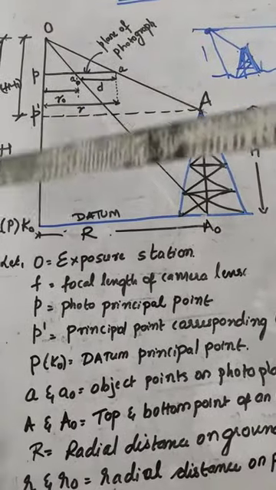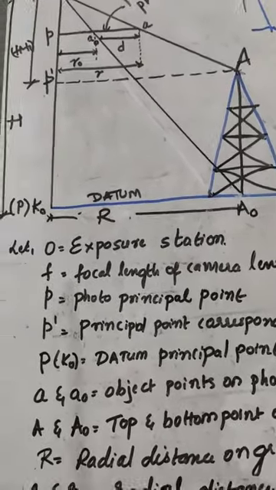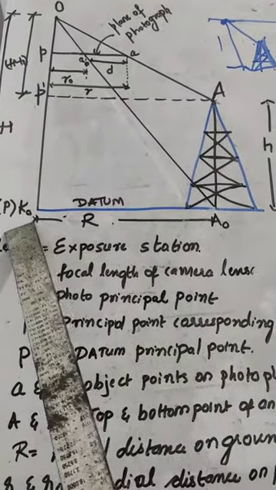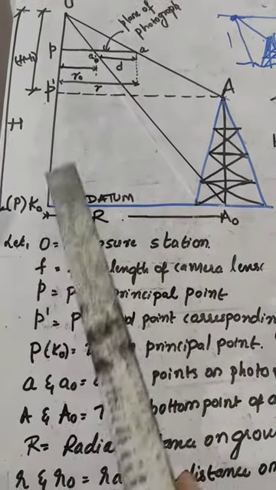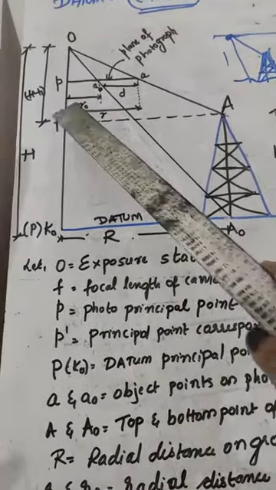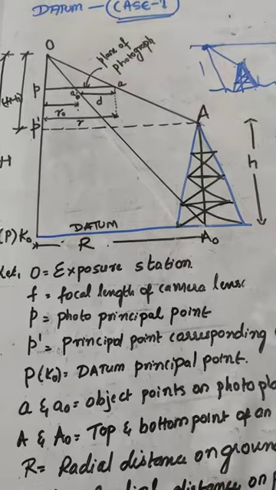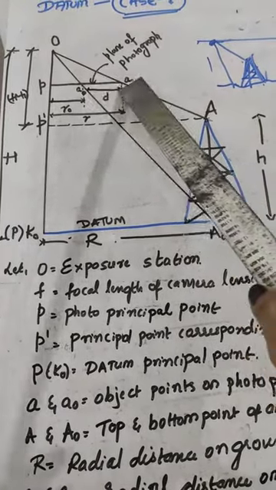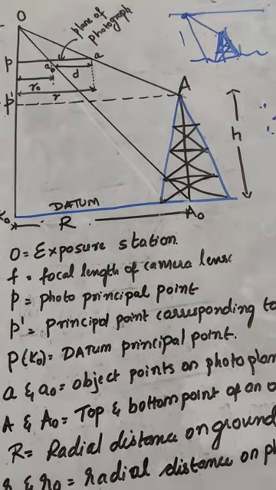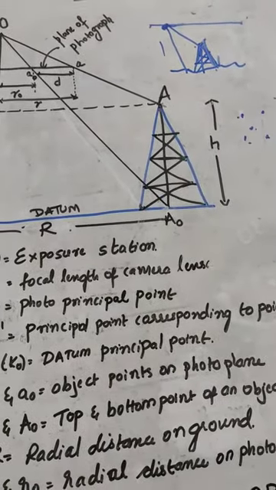This vertical line is the principal axis, where O is the exposure station and P is the principal point of the photo plane, and this is the principal point of the datum, and this is the principal point with respect to this point A, where R0 and R are the radial distances of the objects. And this D is the relief displacement, that is, this present distance.